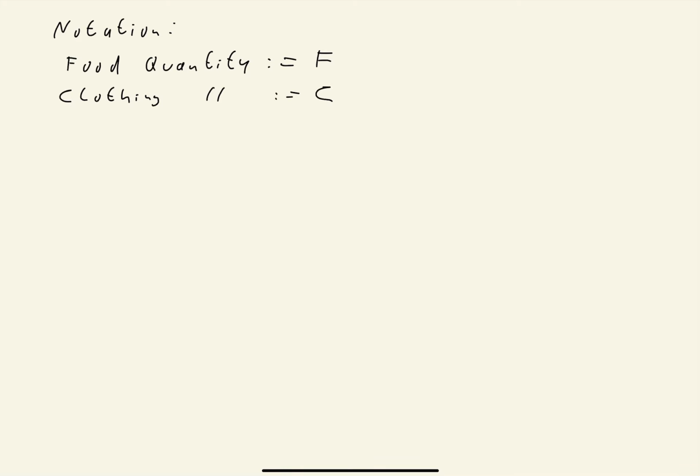Just for notation, I will denote the food quantity by F, and the clothing quantity by C. The price of food is $4 and the price of clothing is $10, and we have an income of $100.